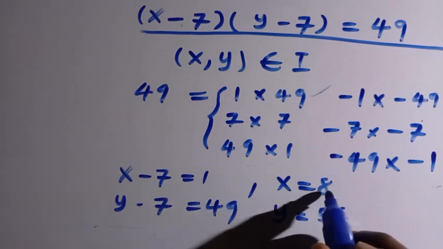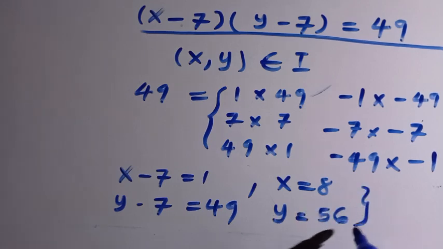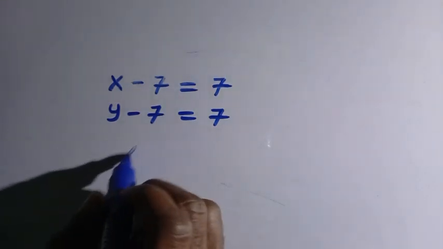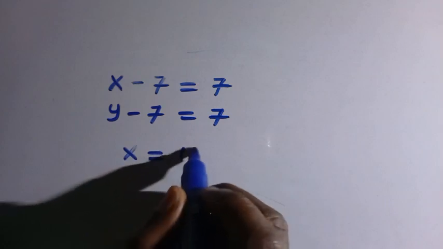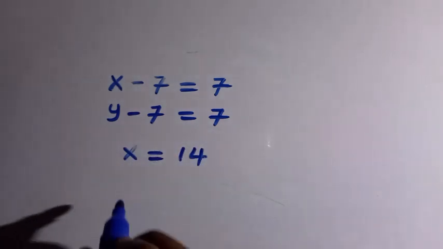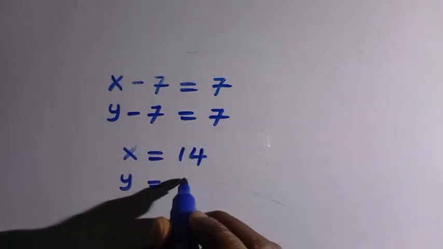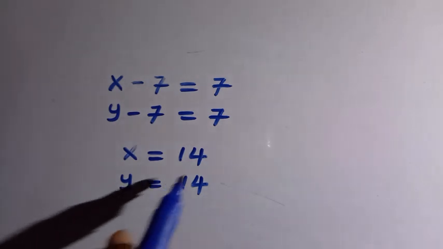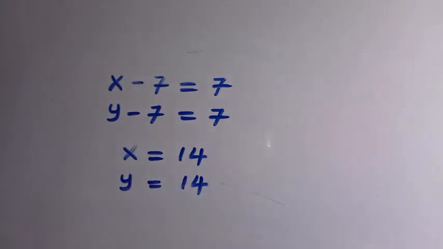So we have x equals 8 and y equals 56. We consider this as the first solution. Let's check that this equals 7 and this equals 7 as well. So for the next case, x minus 7 equals 7 and y minus 7 equals 7, we have x equals 14 and y equals 14.